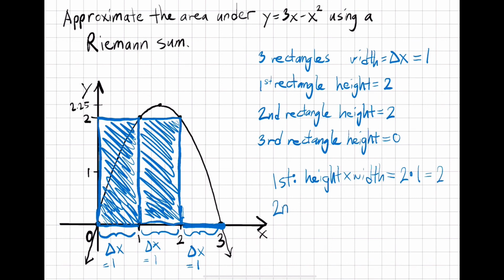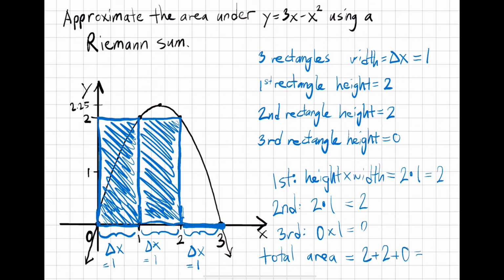My second, again, height times the width is going to be 2 times 1, which is 2. And my third, the area is the height times the width, which is 0 times 1, which is 0. So our total area is 2 plus 2 plus 0, which is 4.